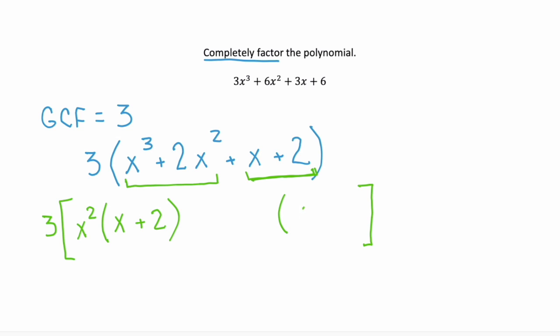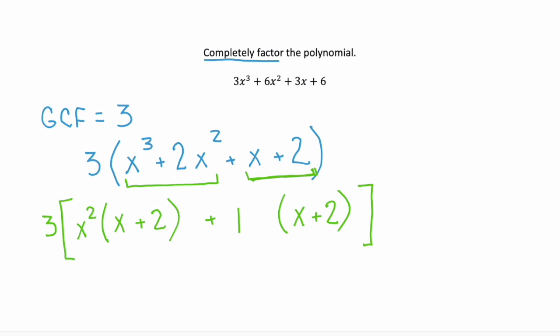So we know that we need to have that x plus 2 as our factored out binomial. And the only way to go from x plus 2 to a factored version of x plus 2 is to factor out the identity of plus 1. Because 1 times x plus 2 is just itself.